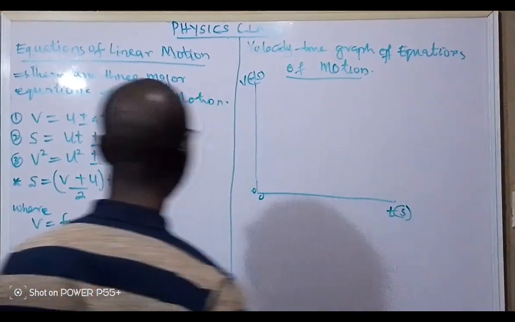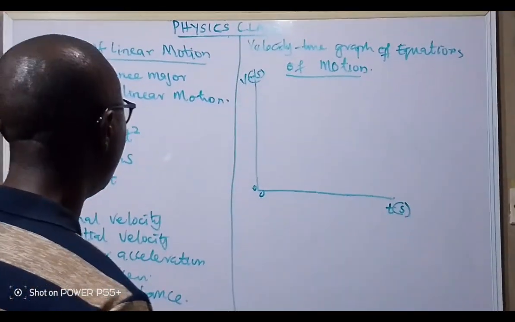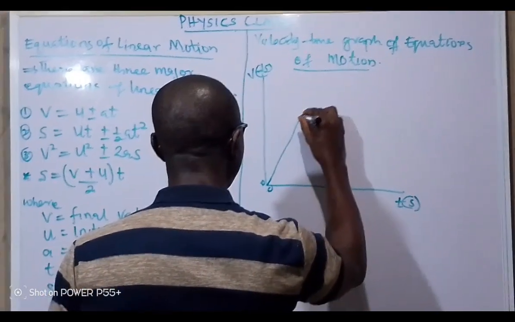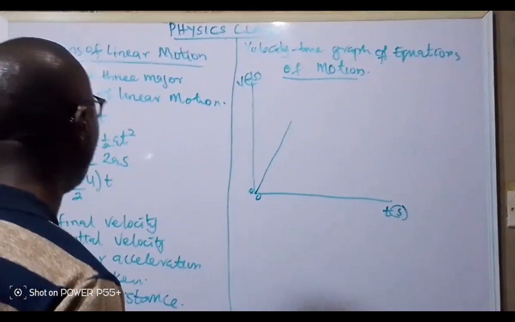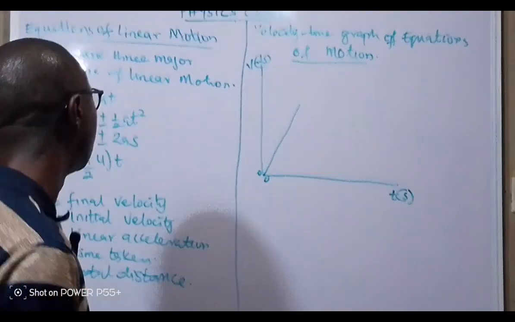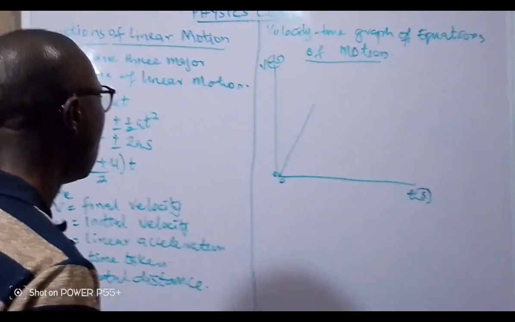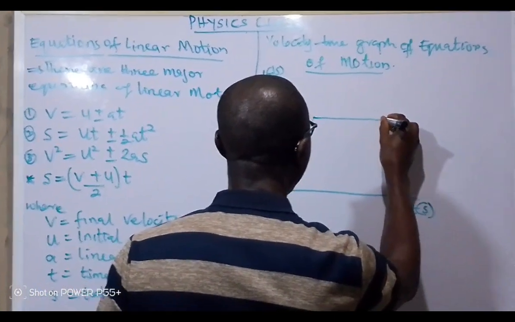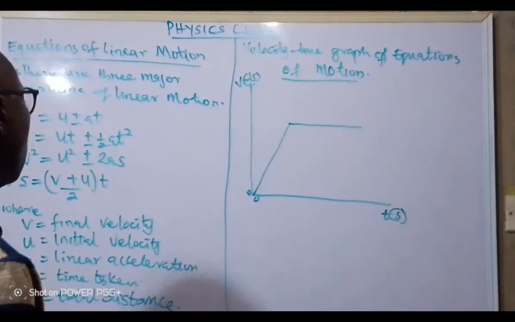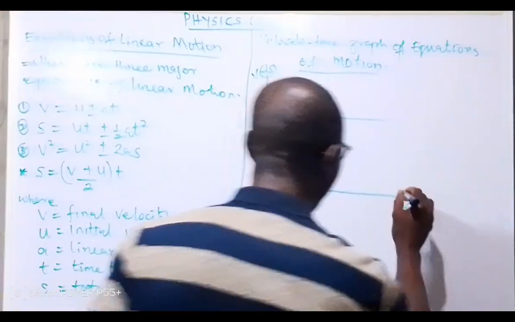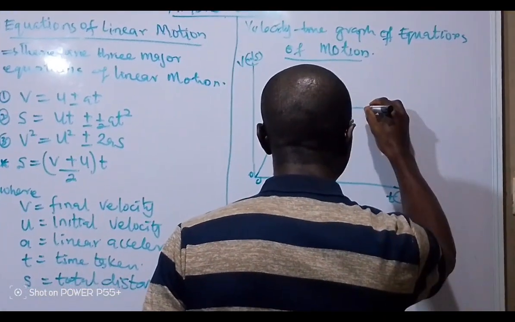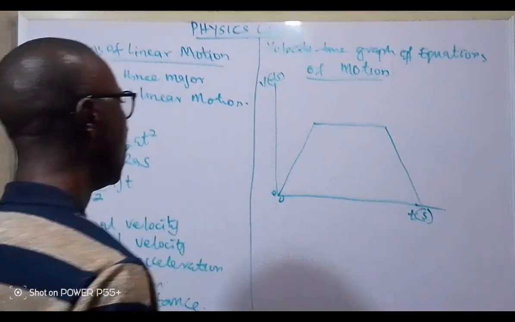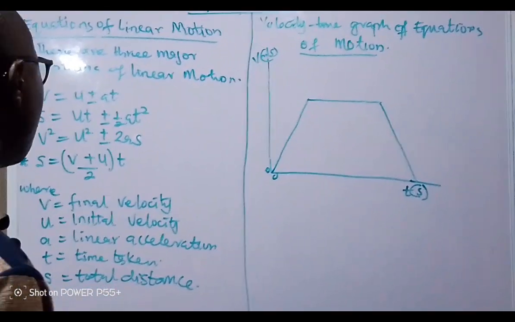This is time in seconds. Now, to show the acceleration, that's where there is an increase in velocity. Now, that is constant or uniform velocity. When the body comes to rest and it retards like this, we have the velocity time graph like this.